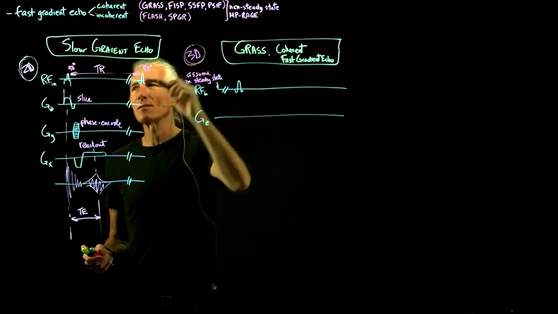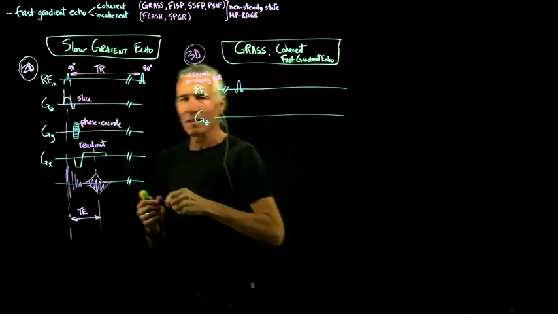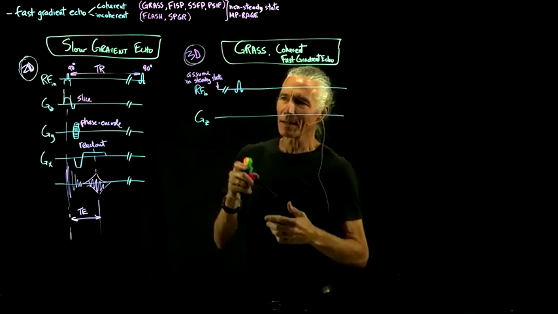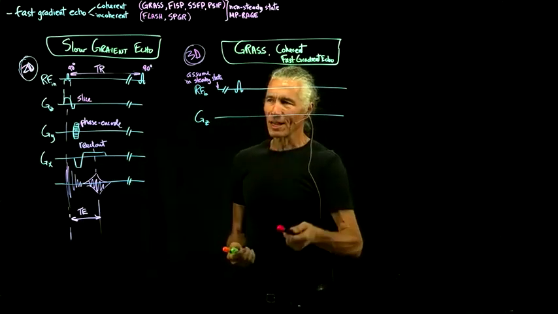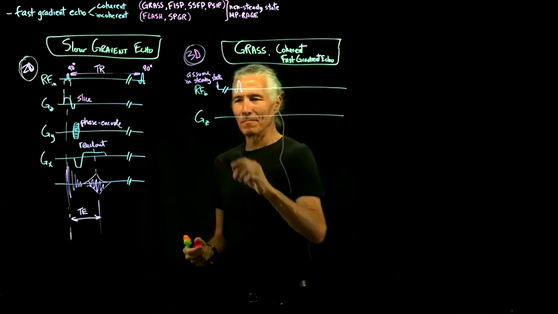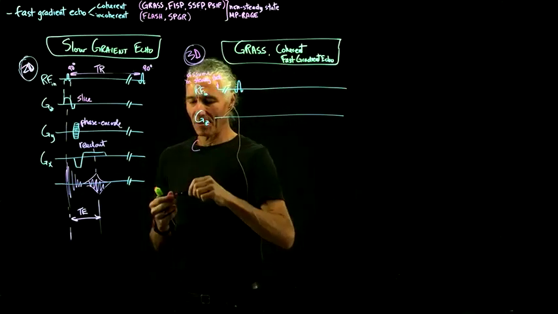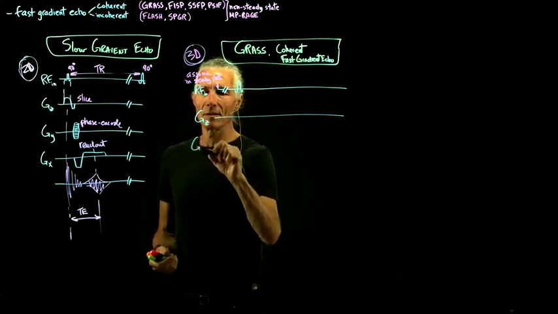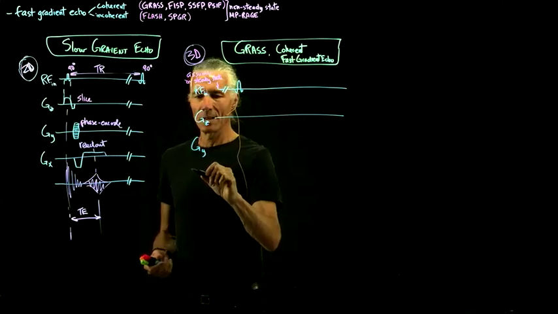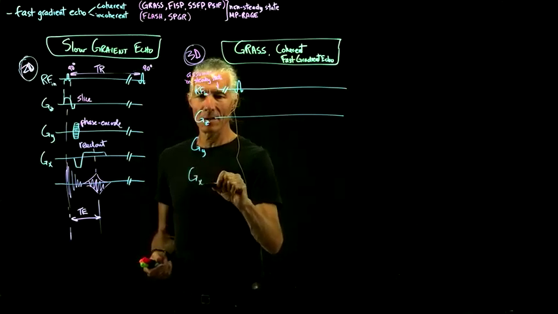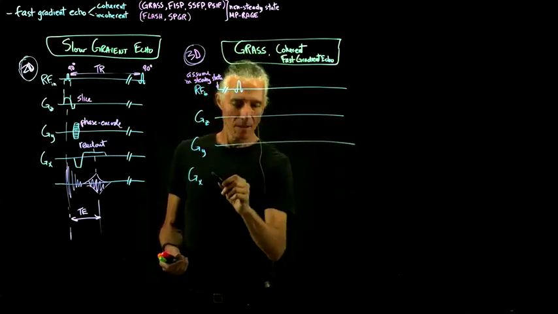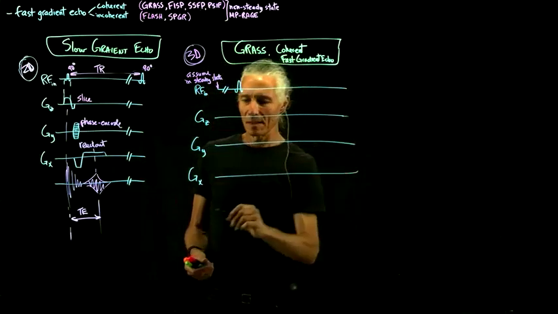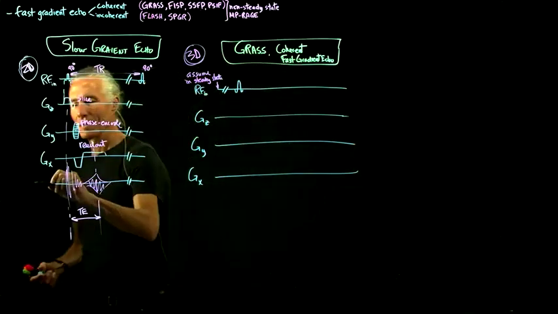The only difference between 2D and 3D is that you just do some extra phase encoding on the second gradient. So here's the y gradient and the x gradient. And here's what comes out, RF out.